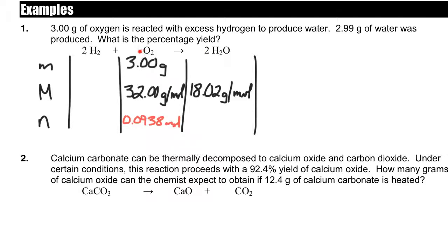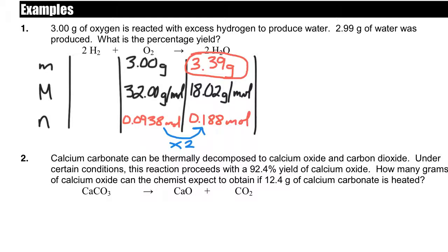So there are twice as many moles of water. I'll take my moles of oxygen, multiply by 2, which gives me 0.188 moles of water. The molar mass of water is 18.02 grams per mole, so moles multiplied by molar mass gets an expected mass of 3.39 grams of water. So that's my theoretical yield.